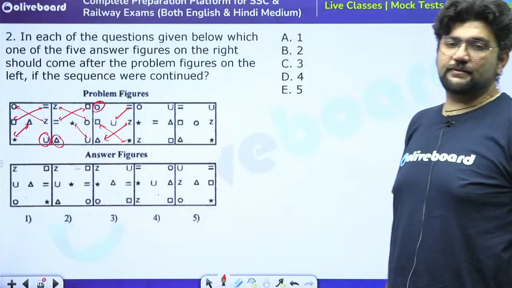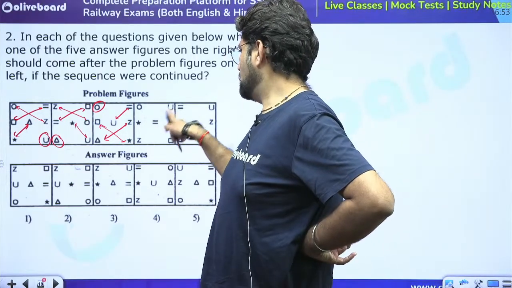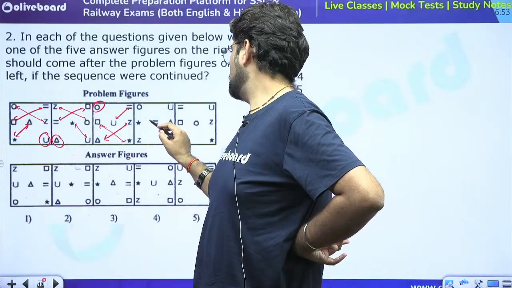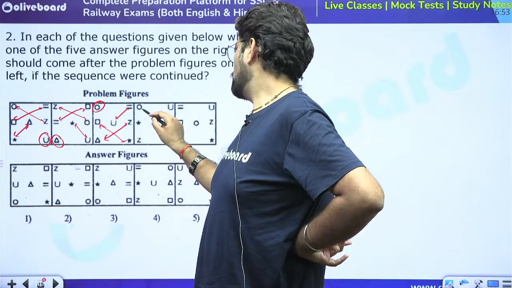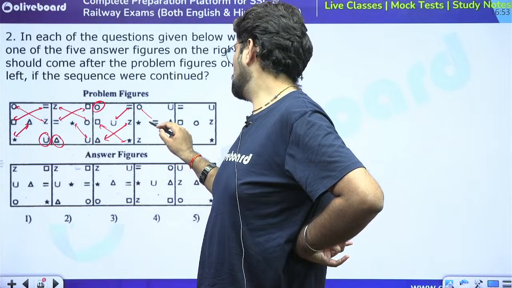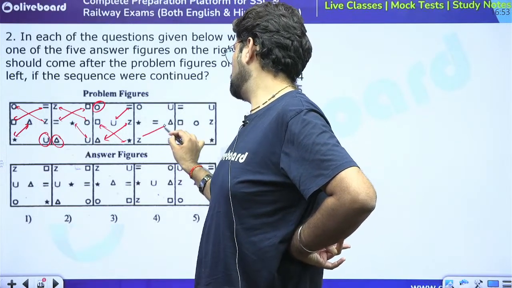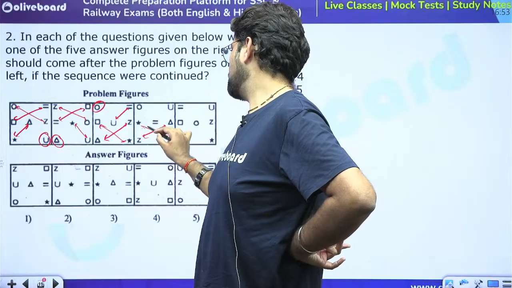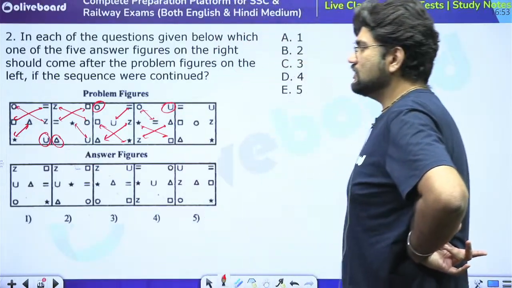The pattern is flipped this time. Okay. And from here to here, how do you observe? You will see again that equal to and circle. So again, let's check here only. Z and triangle, star and square, and equal to and circle are changing. This is not changing.